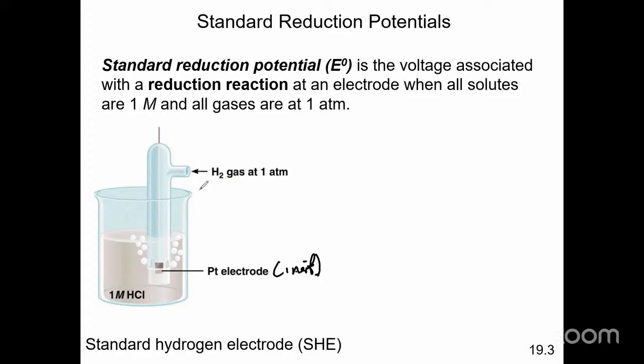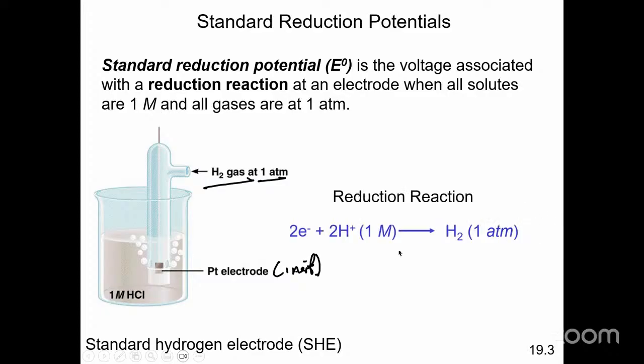And a part of this standard hydrogen electrode is hydrogen gas at a pressure of 1 atmosphere being forced here, right? So basically, the reaction for this half cell is going to be this right here. This is the reduction reaction for this half cell.